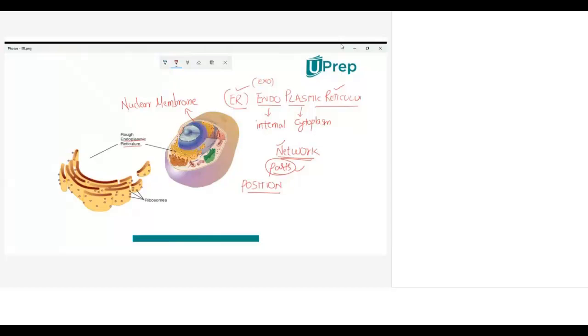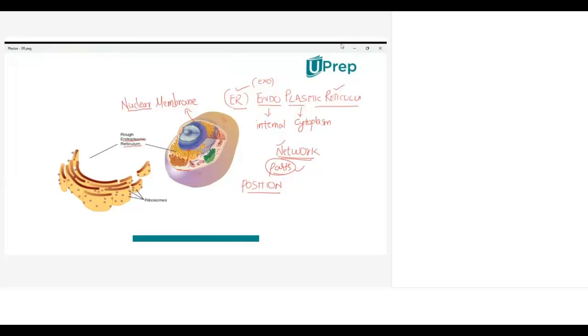If you observe the endoplasmic reticulum structure, it extends from the nuclear membrane towards the plasma membrane. This is the nuclear membrane and this obviously is the plasma membrane. So a network of structure extending between the nuclear membrane and plasma membrane is the endoplasmic reticulum.